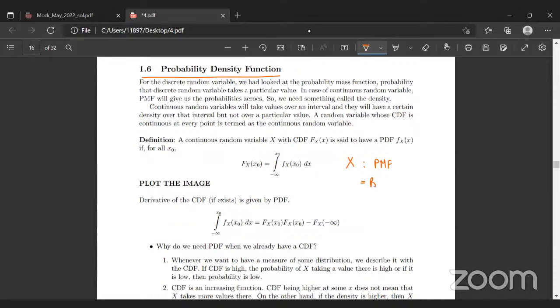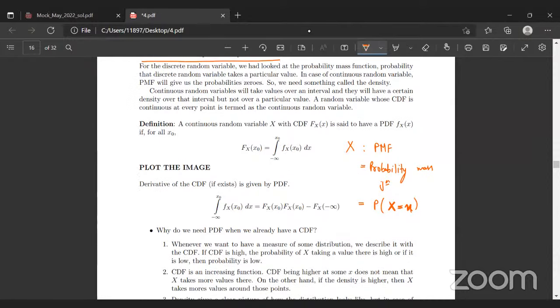It was called the probability mass function, and it gives the probability that the random variable takes at each point. So at x equal to small x, what is the probability? That is what the PMF gives at each point that your random variable takes.